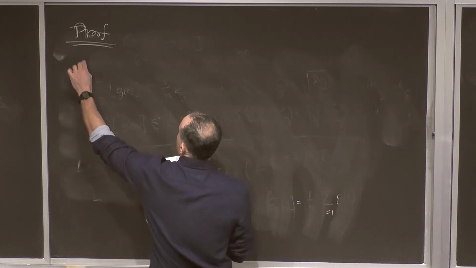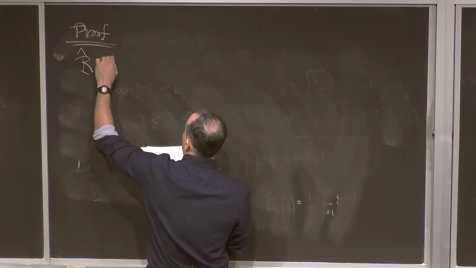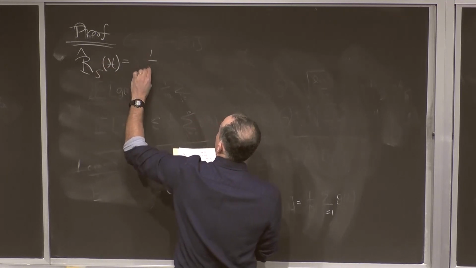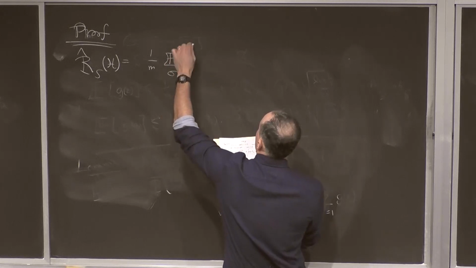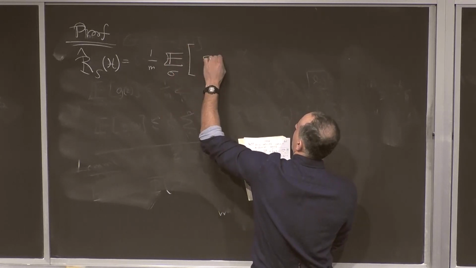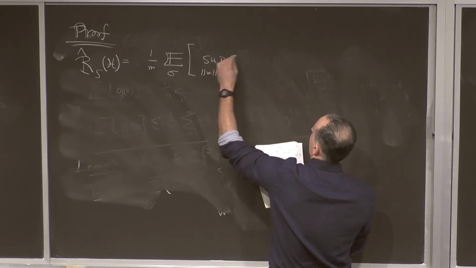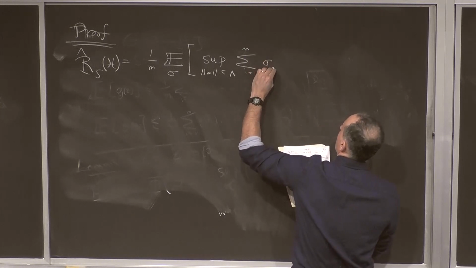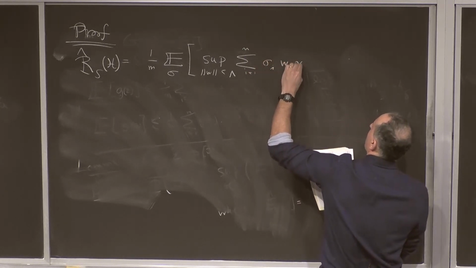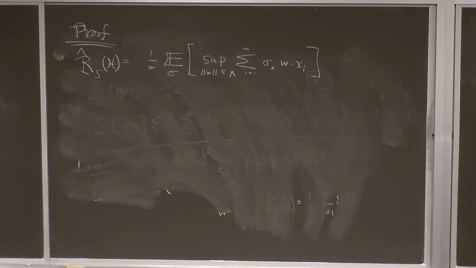Okay, so the definition. That's the definition of the Rademacher complexity applied to this hypothesis space.